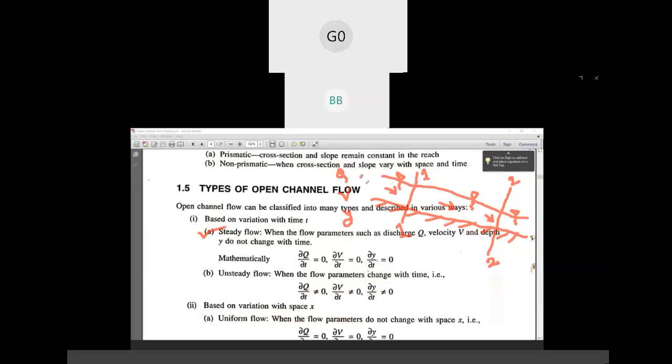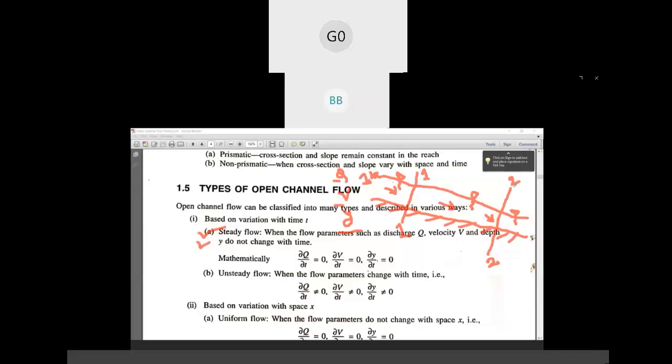After 1 hour, again you measure discharge, velocity, and depth of flow. If all the parameters are the same, then we can say it's a steady flow. Understood?